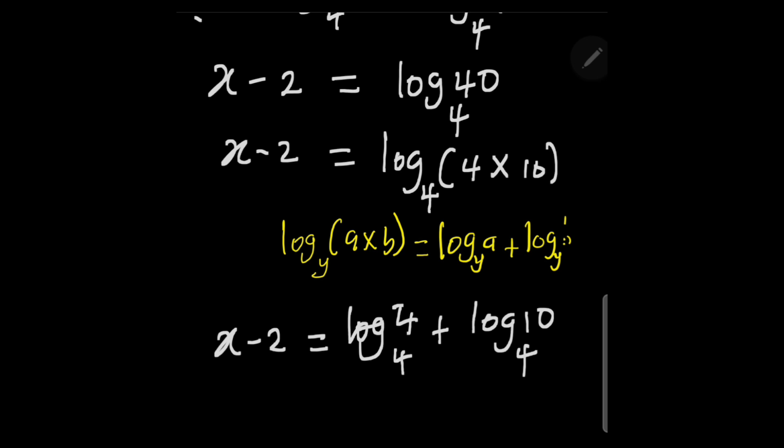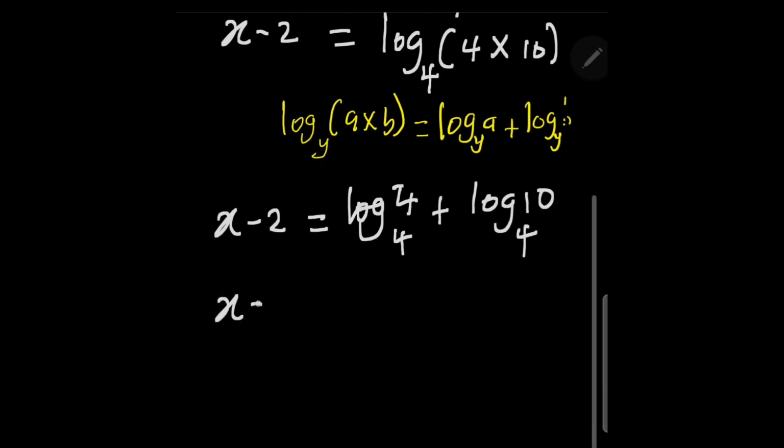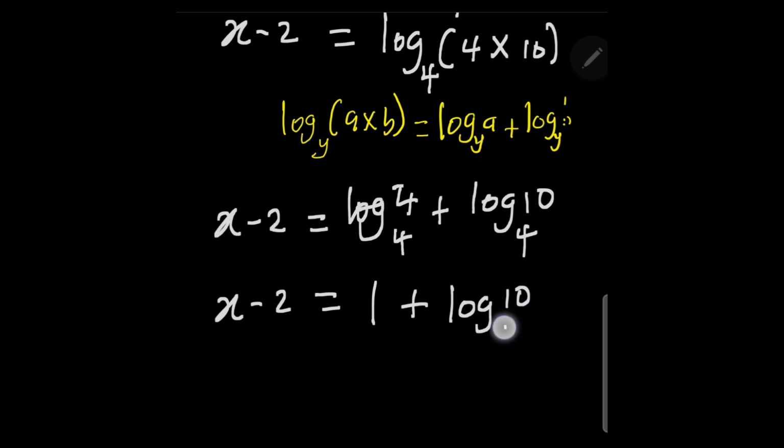Now we need to simplify further. We're going to have x minus 2 equal to log 4 to base 4. Remember, whenever you have a log of a number to its base, as earlier explained, it is the same as 1, plus log of 10 to the base of 4. Now, what do we do next?